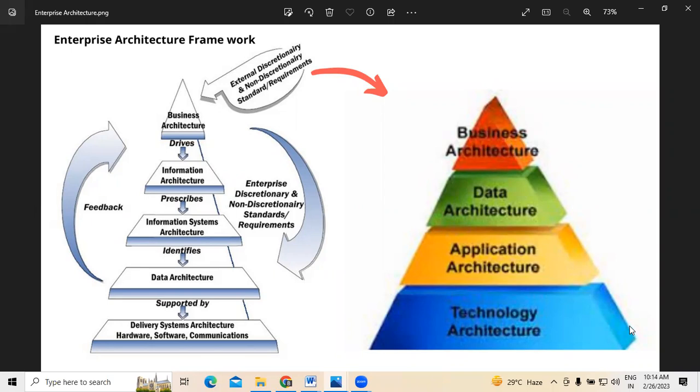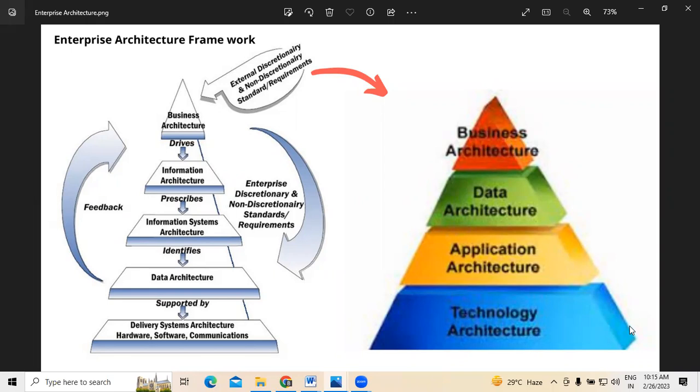Next, the fourth one, we call it data architecture. Data architecture means how the data is extracted and how the data will be stored. Database designing: how the database design is done, how the data is extracted from different structured or unstructured sources, and how we are storing and extracting the data.